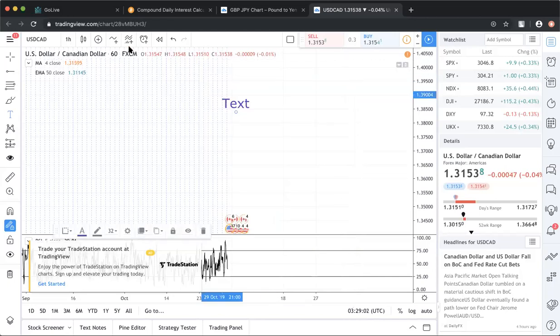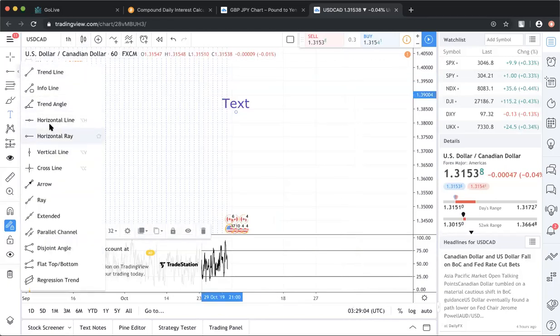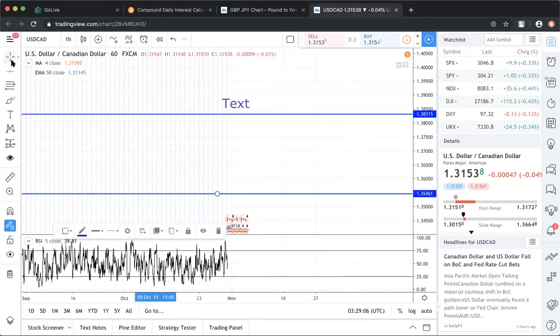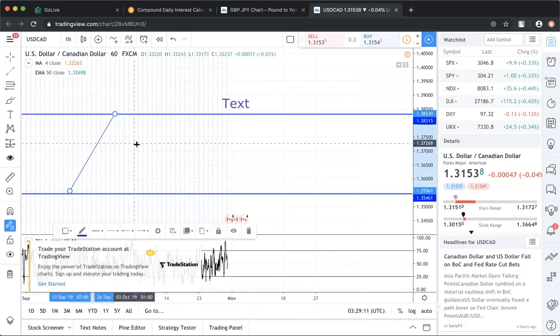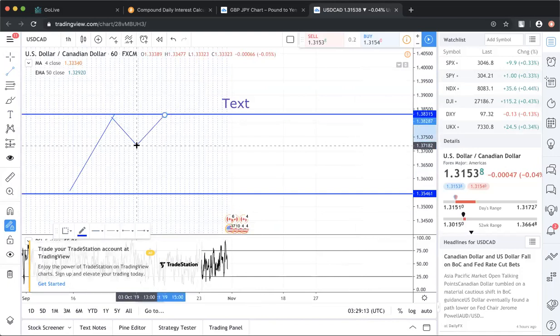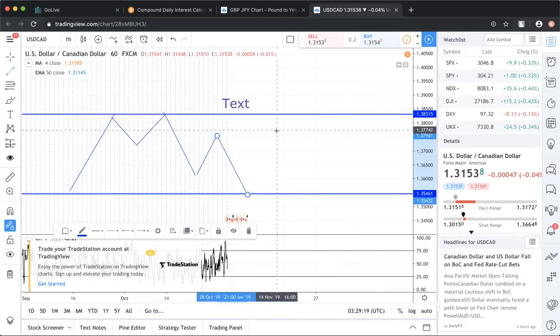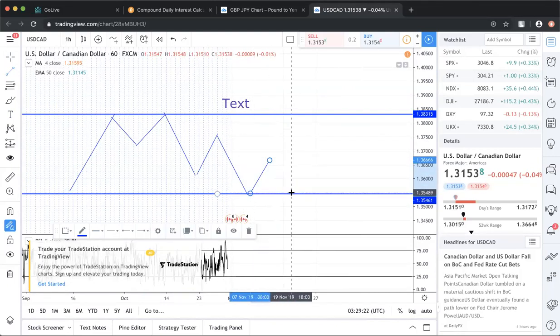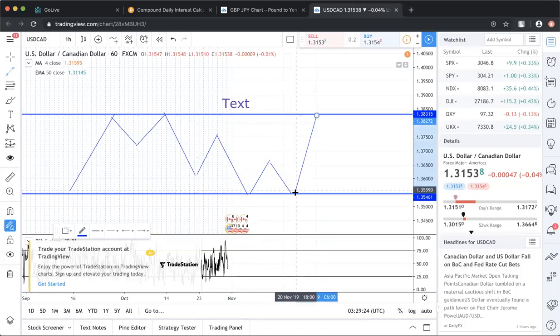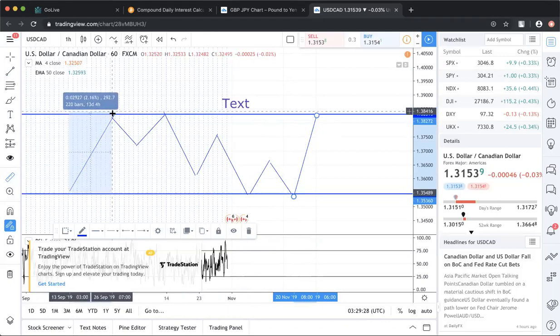The only exception you guys want to learn is if you're in a consolidating market and price is just going up and down, and you find a big enough zone with a good amount of pips, let's say like this, 280 pips, where you can catch a buy and a sell.